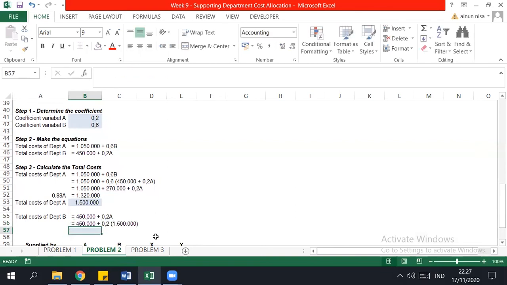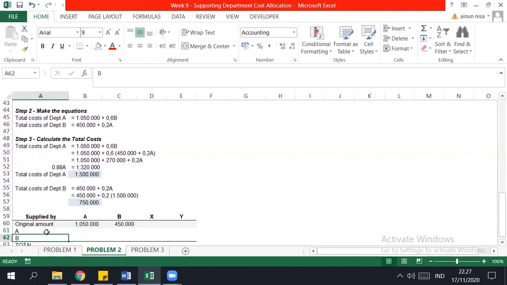Therefore, the total cost of department B is 450,000 plus 0.2 times 1,500,000 equals to 750,000. Okay, so after finding the total cost of department A and department B using the reciprocal method, now we have to allocate the cost to each department.